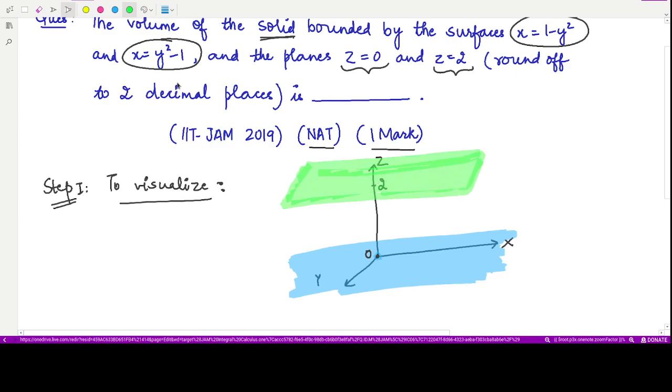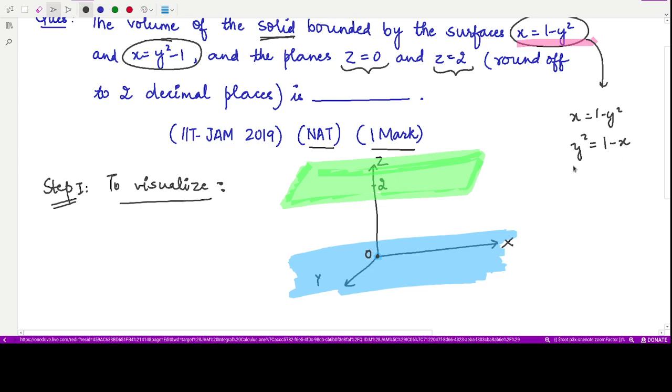Now let us see what is this surface. x is equal to 1 minus y square and the surface x is equal to y square minus 1. So if you look at this curve, x is equal to 1 minus y square. You could rearrange it like this: y square is equal to 1 minus x.